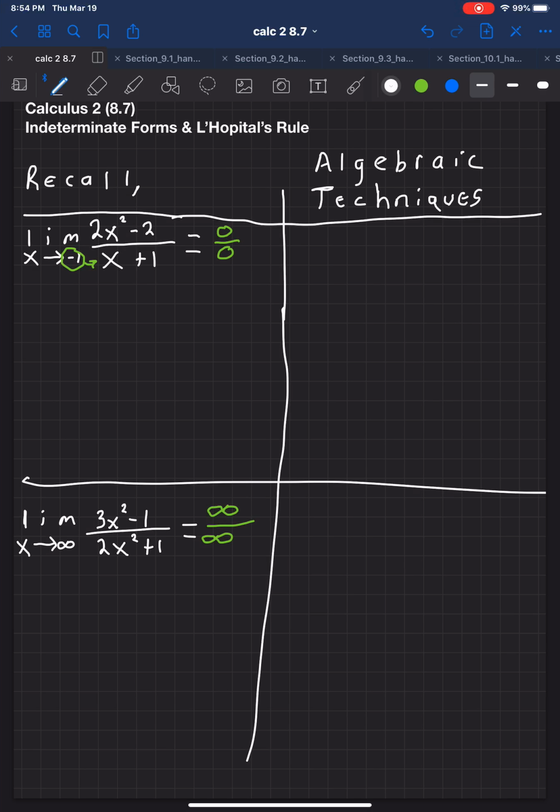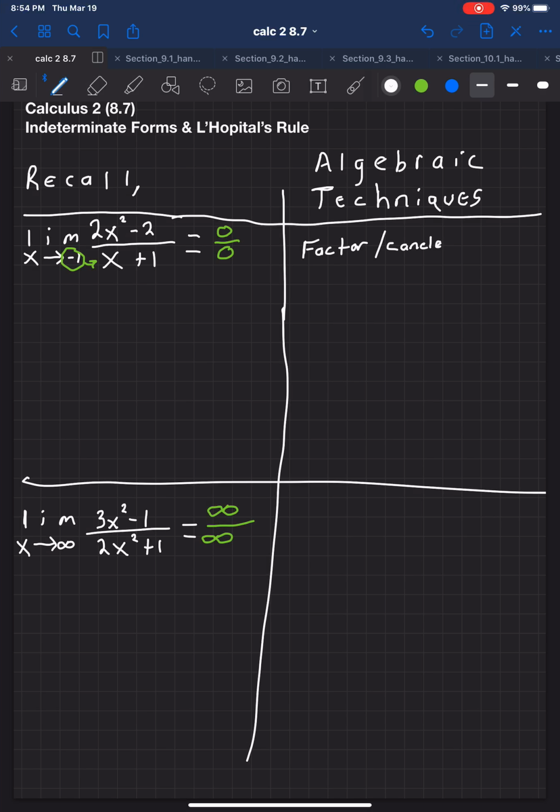So what were some techniques that we were able to use back in your previous calc classes? Well, one technique, and these were both algebraic techniques, was to try factoring, right? And then we hope that through this process something cancels. So let's go ahead and rewrite this.